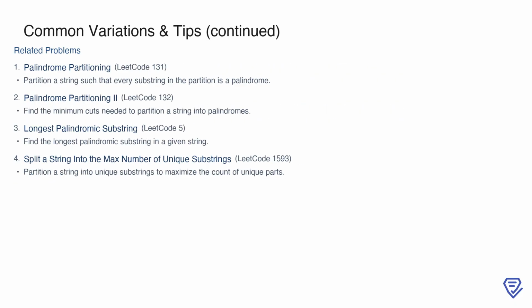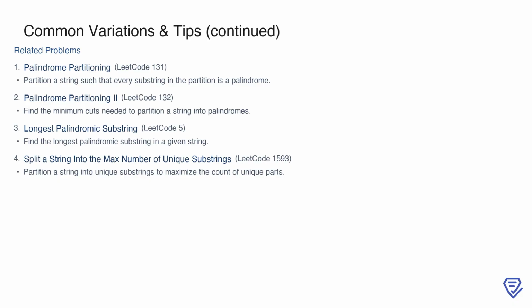If you're looking to deepen your understanding or prepare for related problems, there are several LeetCode questions worth exploring. Palindrome Partitioning, problem 131, involves partitioning a string such that each substring is a palindrome. Palindrome Partitioning 2, problem 132, takes this further by asking for the minimum number of cuts needed to achieve such partitions.